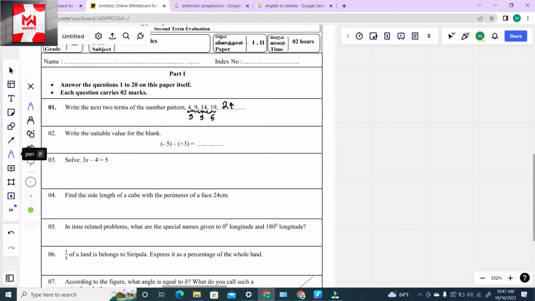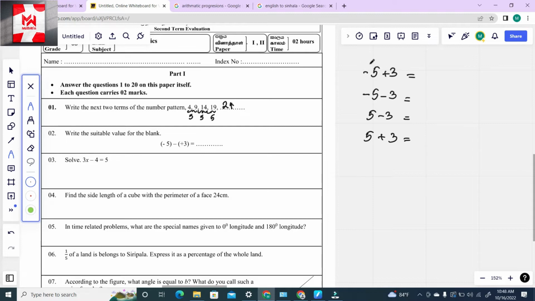And the second question: write the suitable value for the blank. So we know minus 5 plus 3, minus 5 minus 3, 5 minus 3 and 5 plus 3. For minus 5 plus 3, the signs are not equal. If the signs are not equal, we subtract. The sign of 5 is negative and the sign of 3 is positive, so we subtract to get 2, and the highest sign is minus.